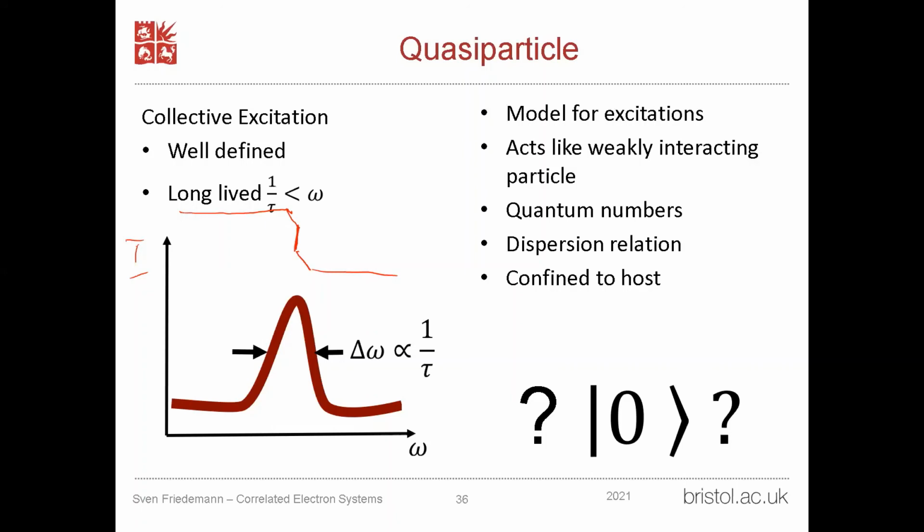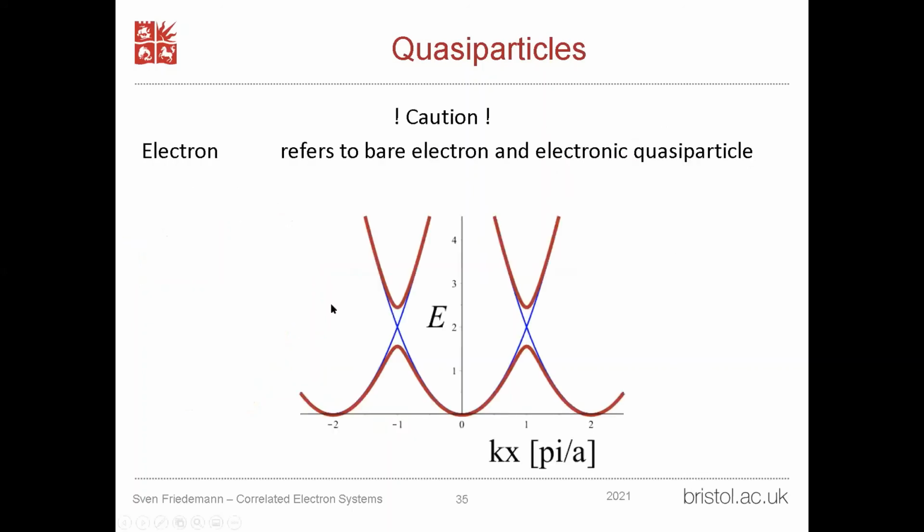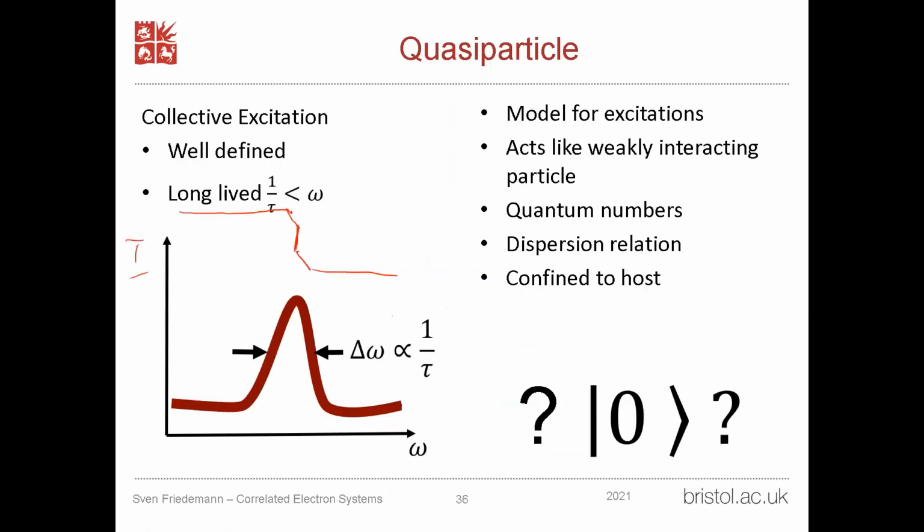And in a case of an electron system or a helium-3 system, it also carries some of the other quantum numbers. So in the case of an electron system, if we go back onto this slide, filling it to the Fermi level and then putting a state at a slightly higher energy means that you still have the same charge, E, for that new state. Maybe a different energy, because it's now off that blue line of the free electron behavior, but it still carries the same charge E and the same spin 1/2 like the electron.